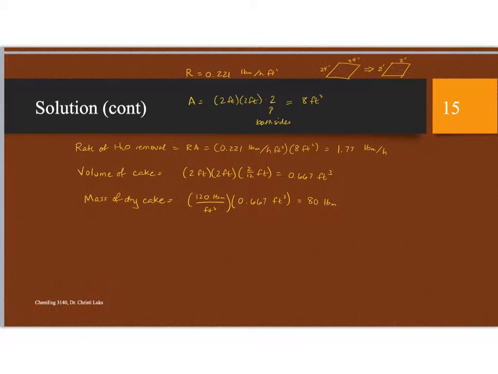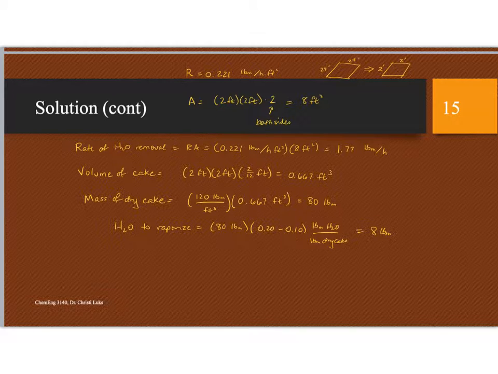Now we want to figure out how much water needs to be vaporized. If I have 80 pounds mass of dry cake and we're going from 20% to 10% on a dry basis, then 80 pounds mass times 0.2 minus 0.1 leaves me with 8 pounds mass of water that needs to be vaporized.